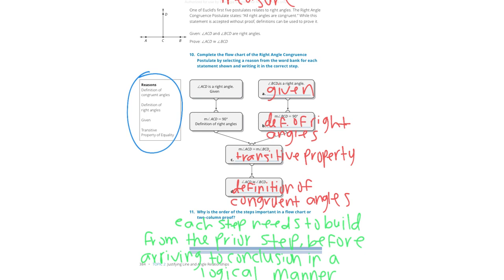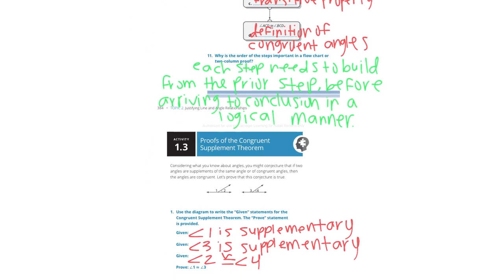Same thing here. ACD is 90 degrees and BCD is 90 degrees, so they're equal to each other, right? And then finally, this is what we wanted to prove. This is our conclusion. Angle ACD is congruent to angle BCD by the definition of congruent angles. Okay, so I thought that was pretty easy.